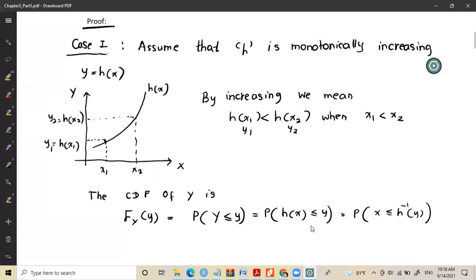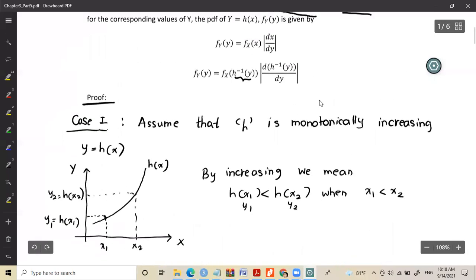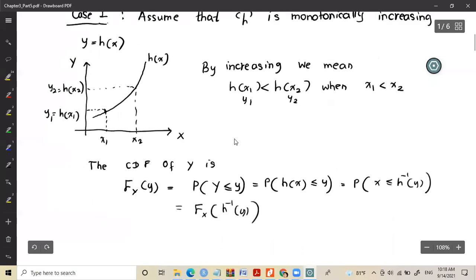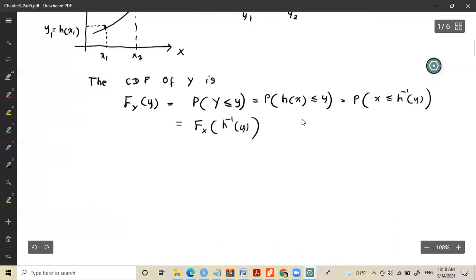And what does the probability X less than or equal to h inverse of y mean? This is again the definition of the CDF, which means now instead of y you have x, so this becomes F of X at h inverse of y. Now you can see how this h inverse y comes here, right? It is from the CDF.